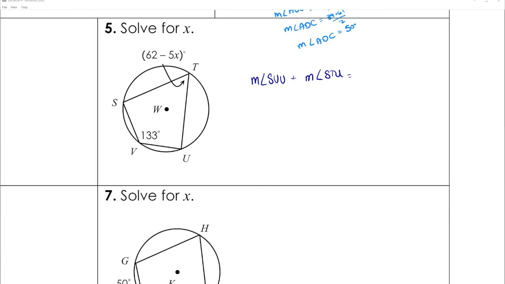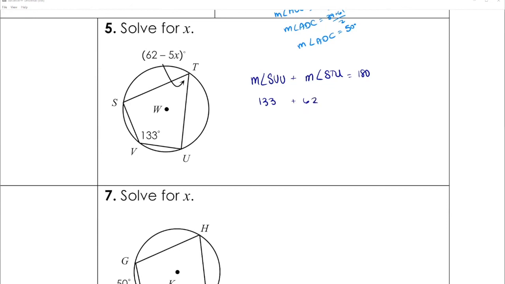Not SVU? Did I mess it up? Okay, so SVU and STU is 180. We know SVU, one more time? Because it's a polygon inscribed in a circle. So by definition, the opposite angles are supplementary. Good?